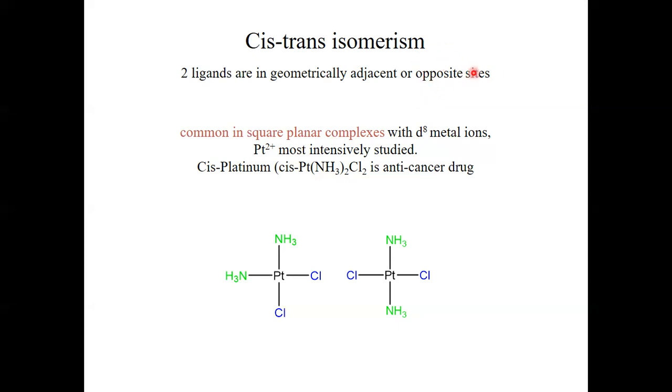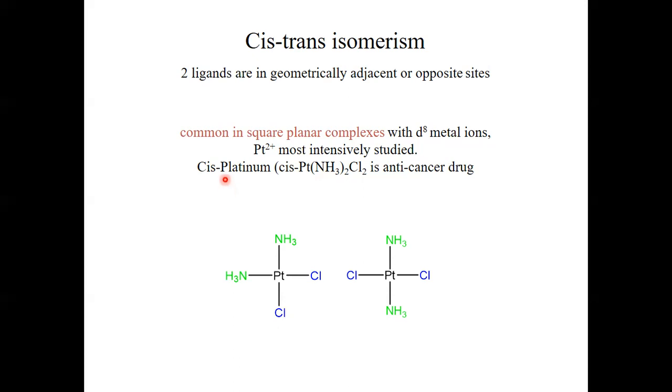This type of isomerism is most common in square planar complexes, but it's not restricted to square planar complexes. Of the square planar complexes, platinum 2+ is most intensively studied, in part because square planar platinum complexes are anti-cancer drugs.